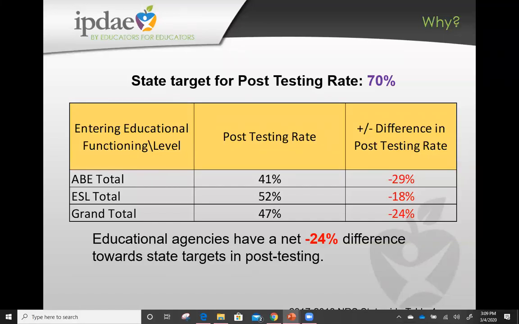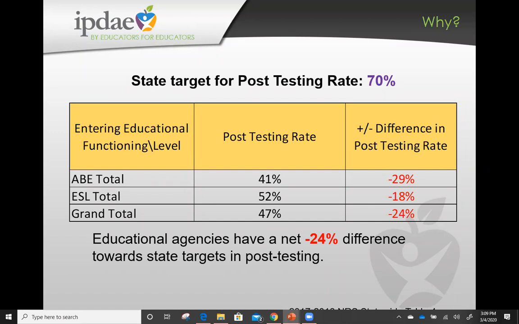Look at the current post-testing percentage rate individually for ABE and ESL. We are at negative 29% difference for ABE and negative 18% difference for ESL. If you average both together, we're at 47%, which still puts us below by 24% from the state target.